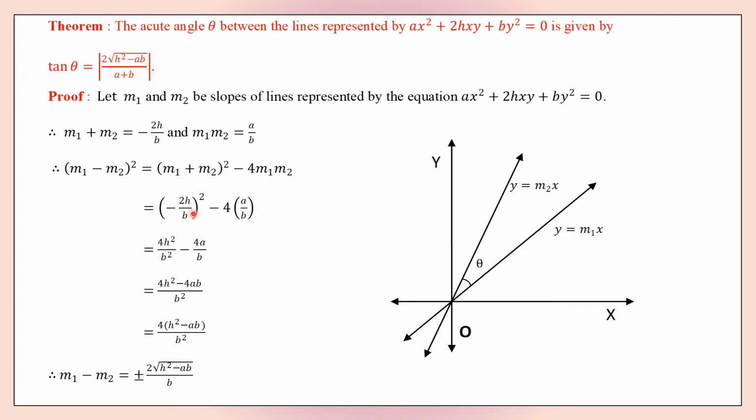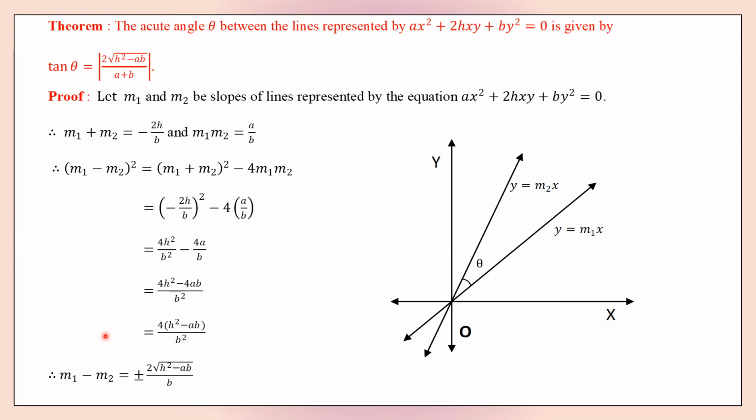Here is a subtraction of two terms. The denominator is b² and b, so take the LCM, which is b². Therefore 4h², and multiplying by b we get -4ab. Take 4 common in the numerator, we get 4(h² - ab) divided by b².